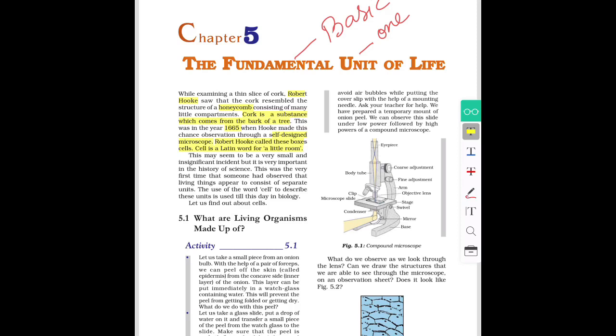In activity 5.1, we are going to see how you prepare an onion peel mount. Let us take a small piece from an onion bulb. With the help of a pair of forceps, we can peel off the skin called epidermis from the concave side inner layer of the onion.